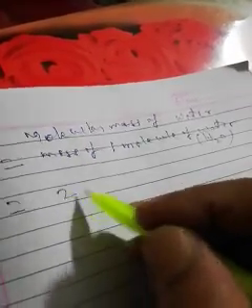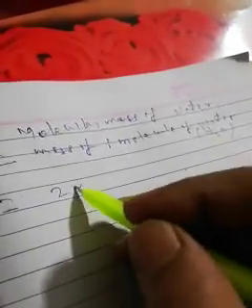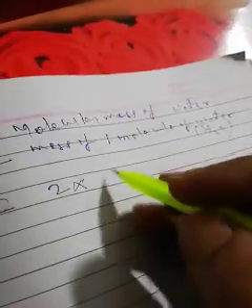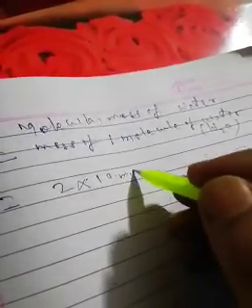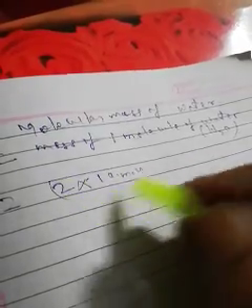If we have to calculate, what do we have to do? We have to put the atomic mass of the elements and then add them to get the complete mass.